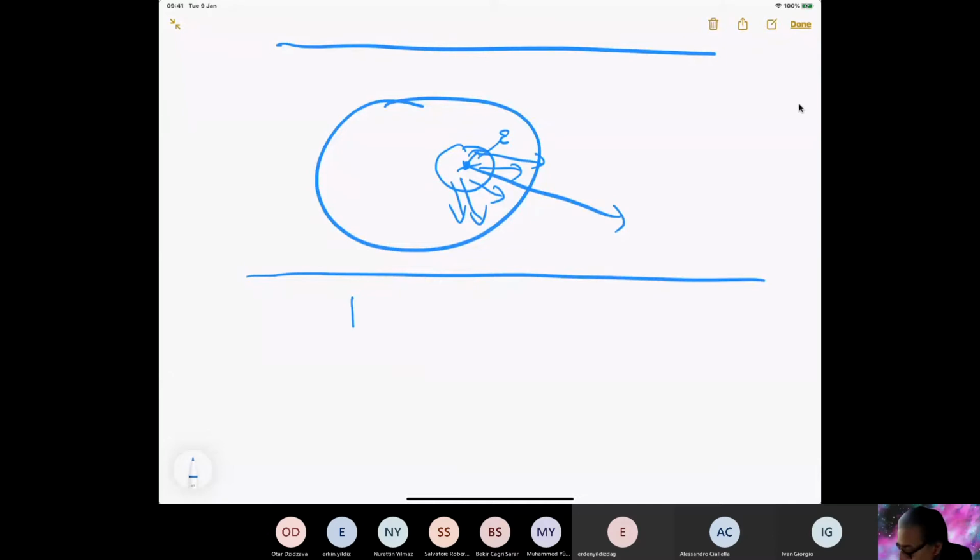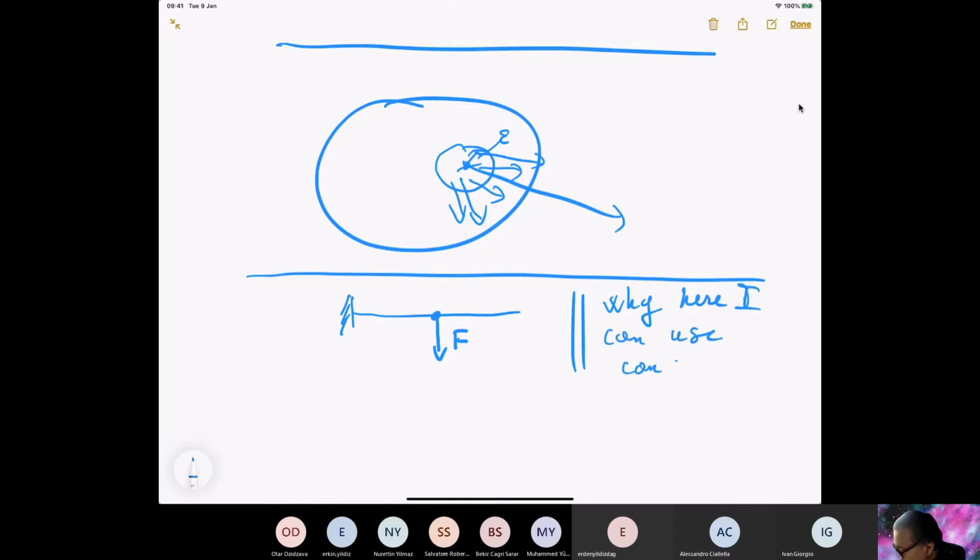Then somebody who studied engineering, after you have heard that concentrated forces do not exist, they teach you that you can apply a force in a point of a beam, and you must solve the problem of the deformation of a beam under an applied force. And you ask yourself, why here can I use concentrated forces and here I cannot?